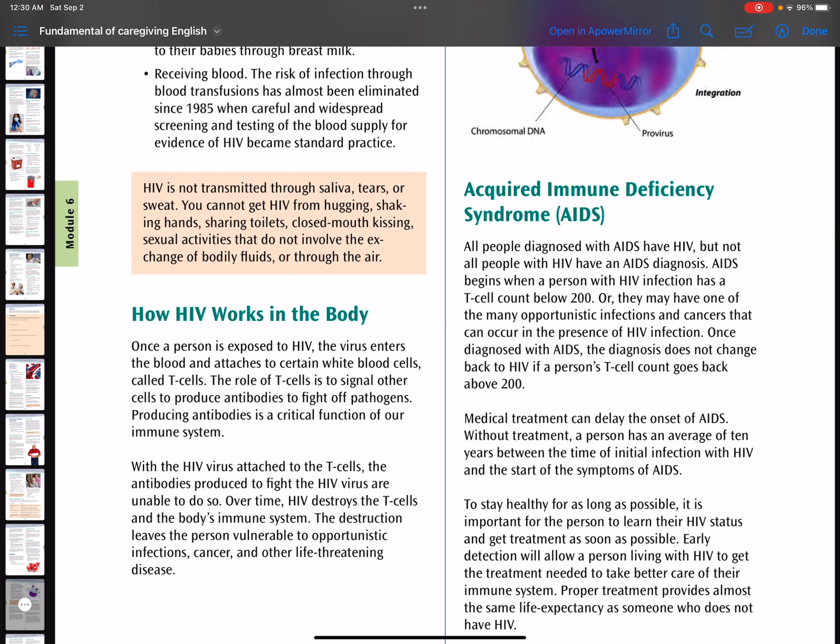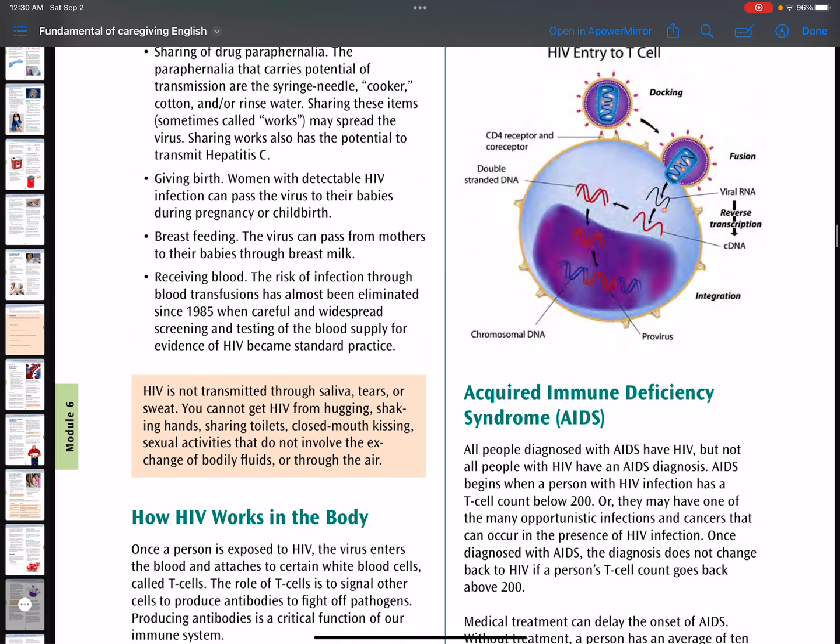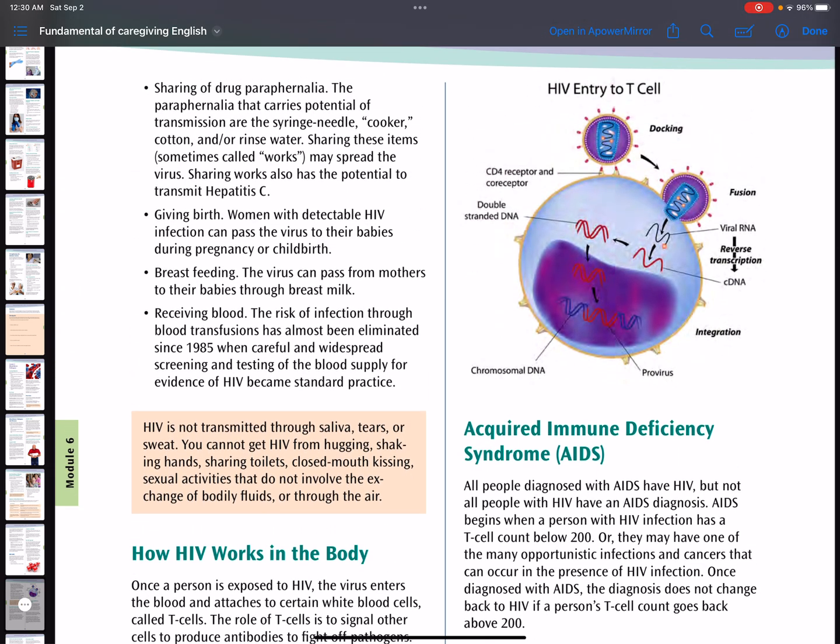Once a person is exposed to HIV, the virus enters the blood and attaches to certain white blood cells called T cells. This picture is showing that. The role of T cells is to signal other cells to produce antibodies to fight off pathogens. Producing antibodies is a critical function of our immune system.